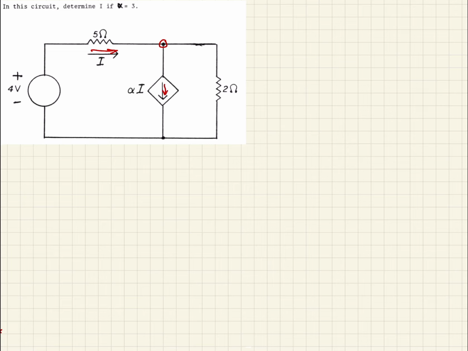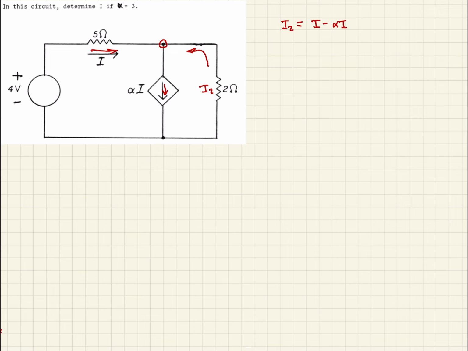And we're going to assume that we have another current coming into this node. If we sum those up, we'll call it I2 to the 2 ohm resistor. I2 has got to be equal to I minus alpha I, because that's just the sum of the other two branches going in and out of there.